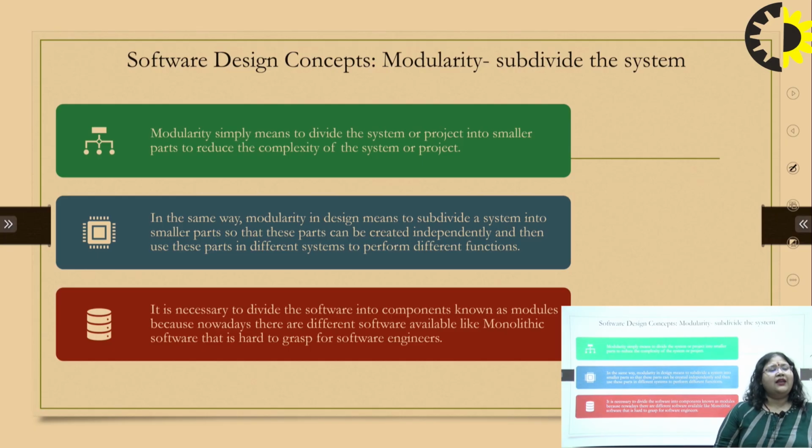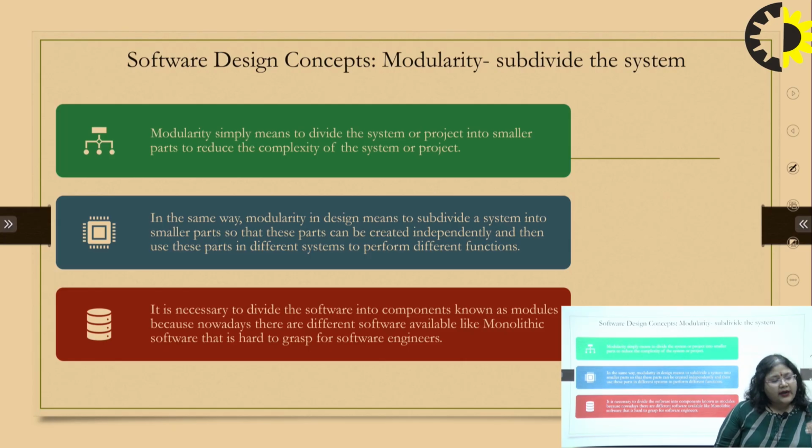So modularity gives the concept that we divide the big system into a number of small modules. Modularity in design means subdividing a system into smaller parts, so that these parts can be created independently and used in different systems to solve different problems. So this is the basic necessity of modularity.